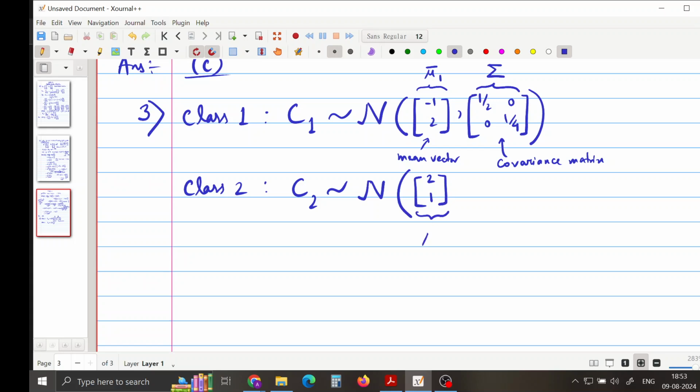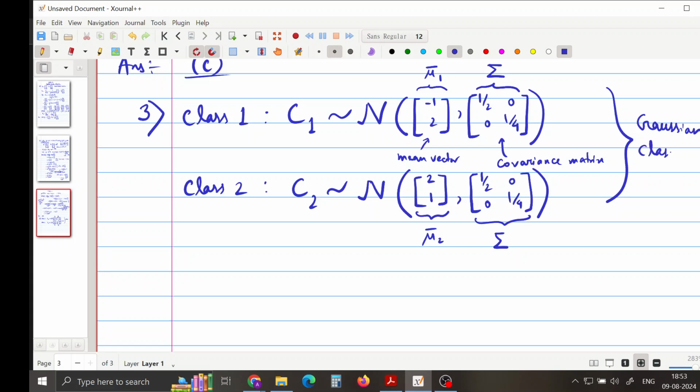So this is my mu2 bar, and the covariance matrix is the same. Okay, like this. And this is again the same. It's sigma only. Now, so these two are your Gaussian classes, right?